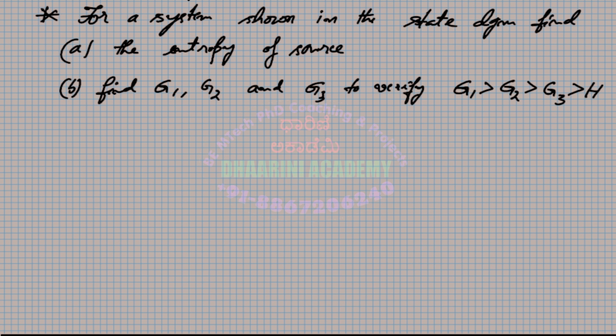So the first part we are very familiar with, finding the entropy of the source. All right, so this is a given state diagram. There is state number one and state number two.